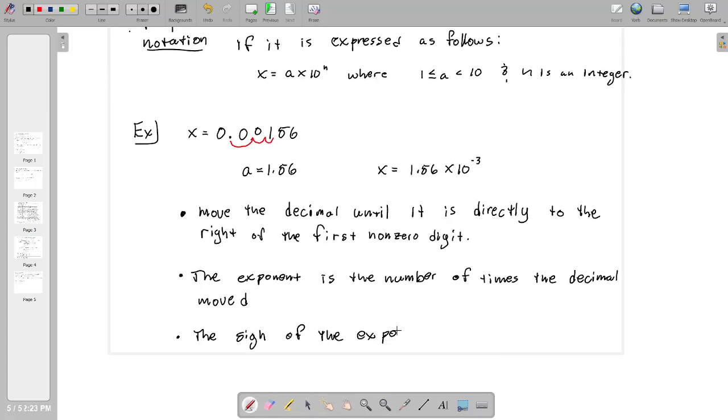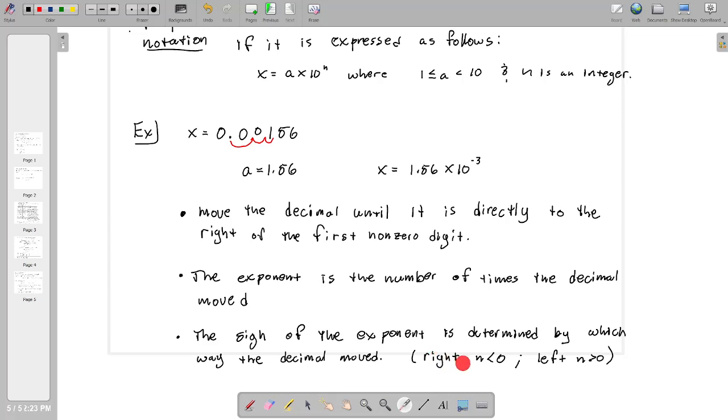The sign of the exponent is determined by which way the decimal is moved. If you move to the right, then your exponent is going to be negative. If you move to the left, your exponent is going to be positive. As we note here, we moved right, thus we have a negative exponent, and we moved beyond the first digit. That's how many places you need.